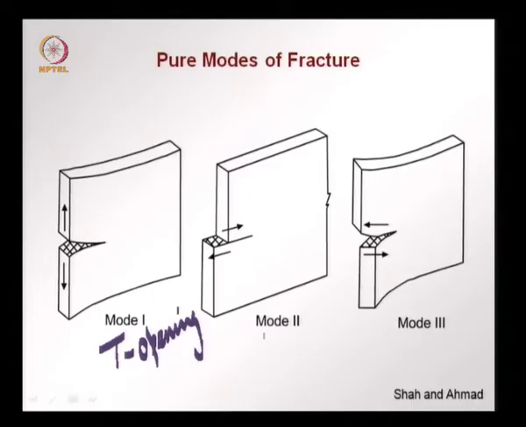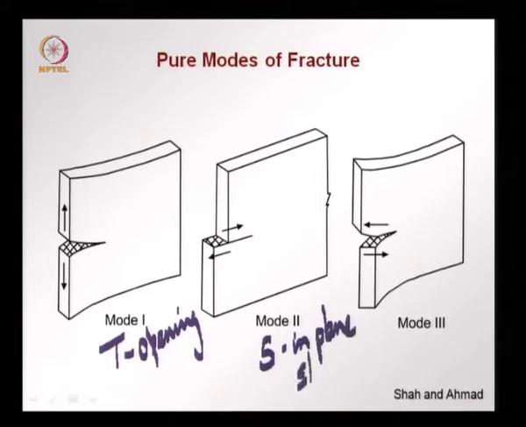Now, this is a shearing mode where you have an in plane shear. We have a case where we are propagating a crack by shearing. This is not very common.